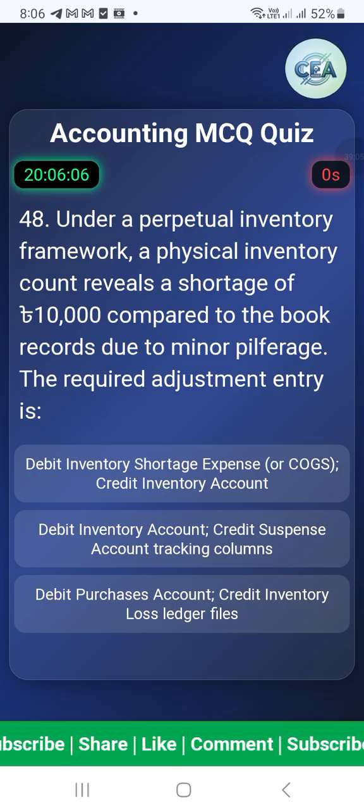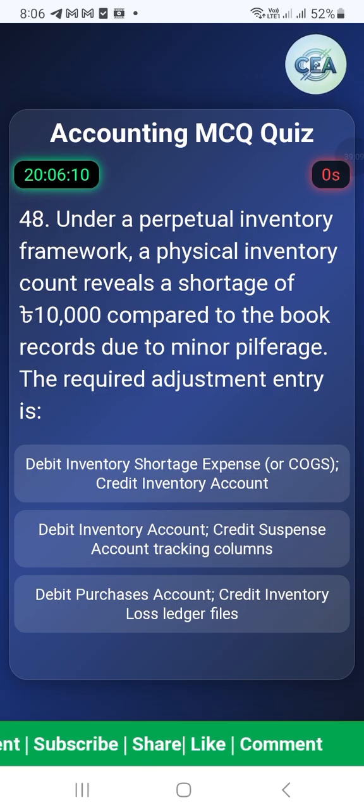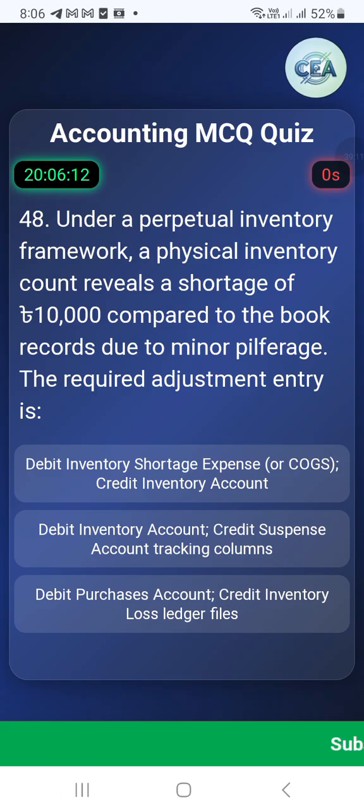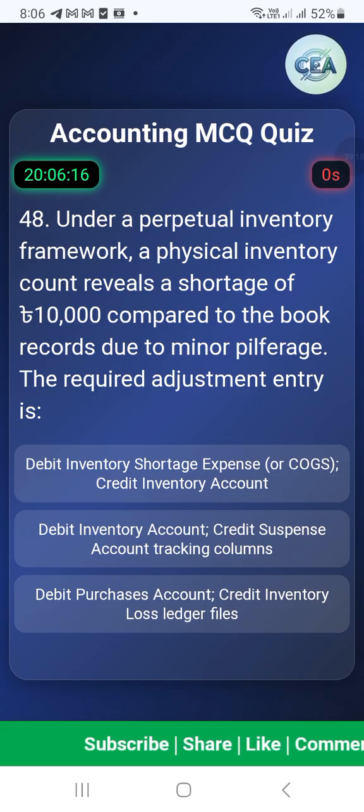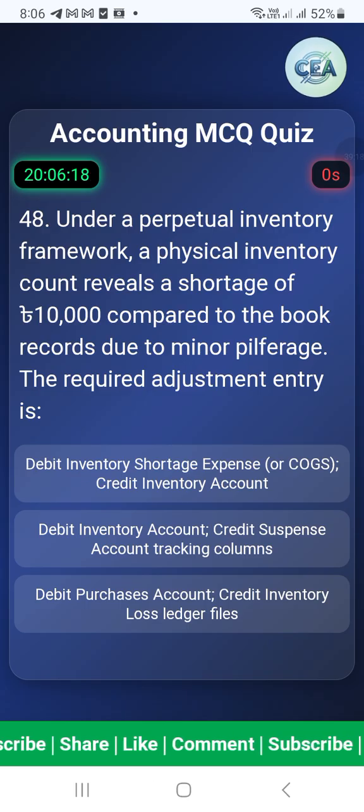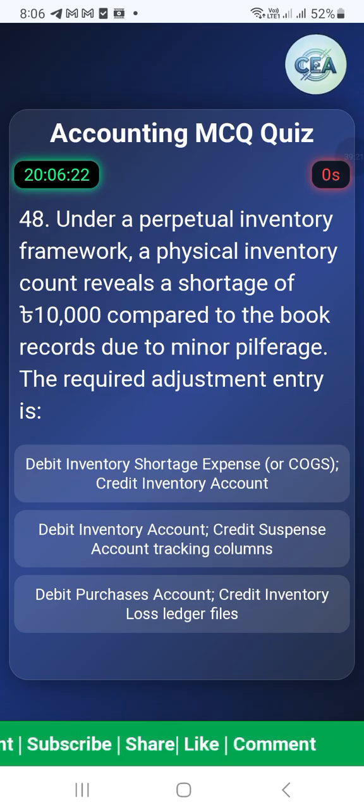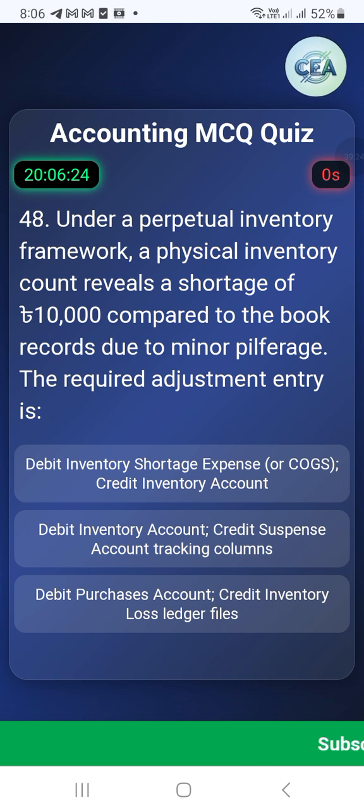48. Under a perpetual inventory framework, a physical inventory count reveals a shortage of 10,000 takas compared to the book records due to minor pilferage. The required adjustment entry is: Option 1. Debit inventory shortage expense or COGS, credit inventory account. Option 2.